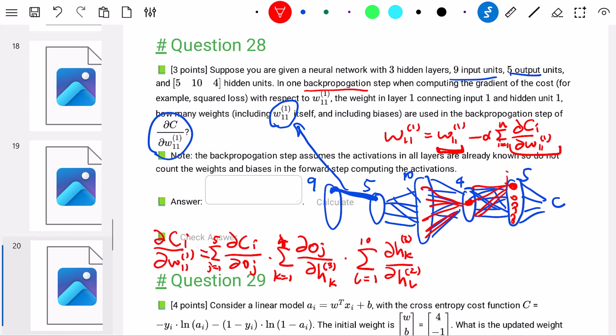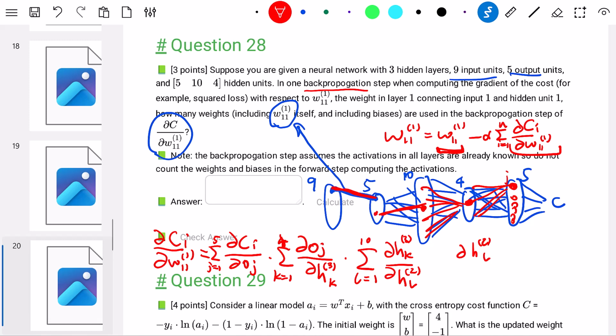Okay, so now let's look at a particular one, the h2l. If we want the derivative with respect to this weight, do I actually care about the other ones?